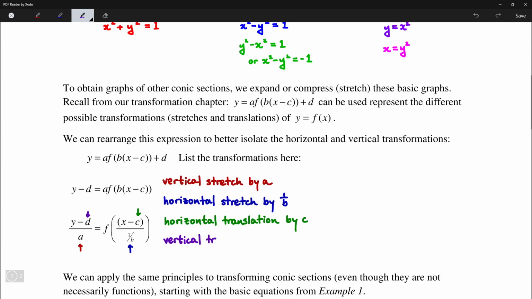So for today, we are going to be focusing on just the horizontal and vertical stretches. We're not going to translate the graphs just yet. So all we're doing is changing the shape of the graph, and we're going to use the equations from above to do that.